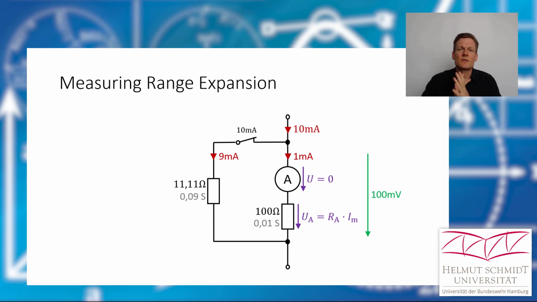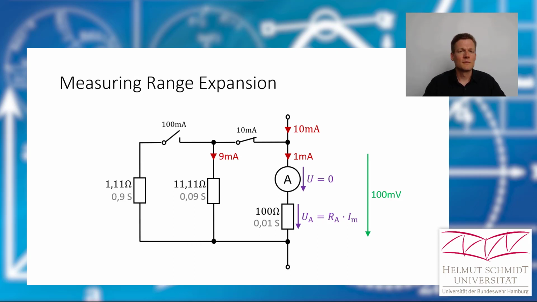And if we want to measure higher currents, we could just expand our resistor network and add more resistors in parallel. And you see, for the 100 milliampere range, we would add another resistance, and this would have only 0.9 Siemens.